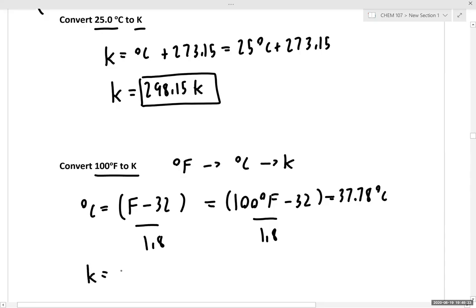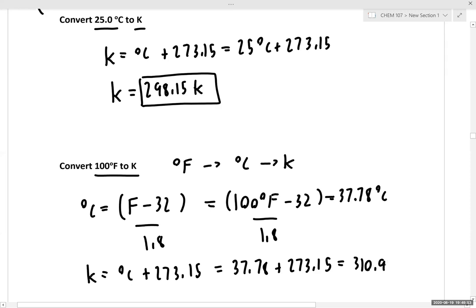We know that Kelvin are equal to degrees Celsius plus 273.15. That gives us 37.78 plus 273.15. And that in turn gives us 310.93 Kelvin, which would in turn be rounded, following the sig fig rules, to 311 Kelvin.